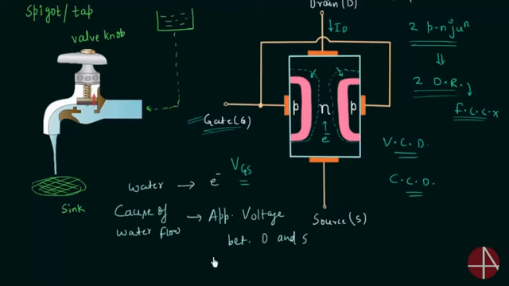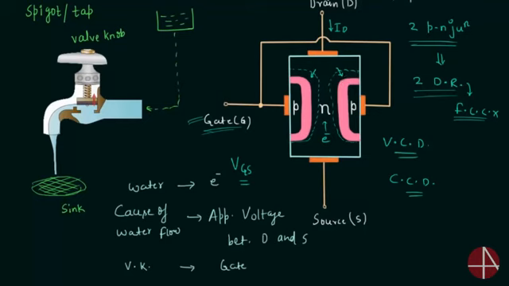The next comparison is between the valve knob and the gate. Here the valve knob is controlling the water coming out of the spigot, and here the gate is controlling the movement of electrons in the n channel. So we can say that the valve knob is the same as the gate in JFET.